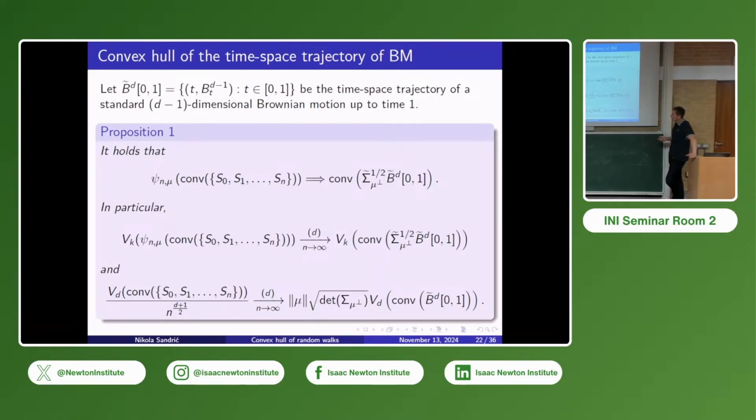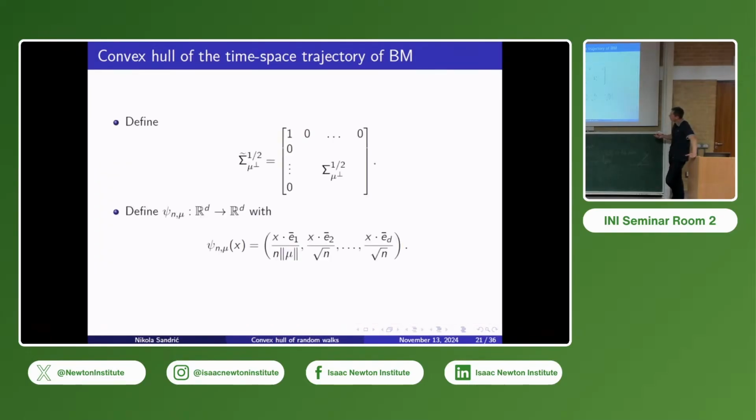And in the last intrinsic volume, so in the volume case, we also have this bit nicer form, which can be easily concluded from the fact that this mapping here is linear, and it can be written as a composition of an orthogonal mapping, so the one which rotates our coordinate system, and this scaling mapping.